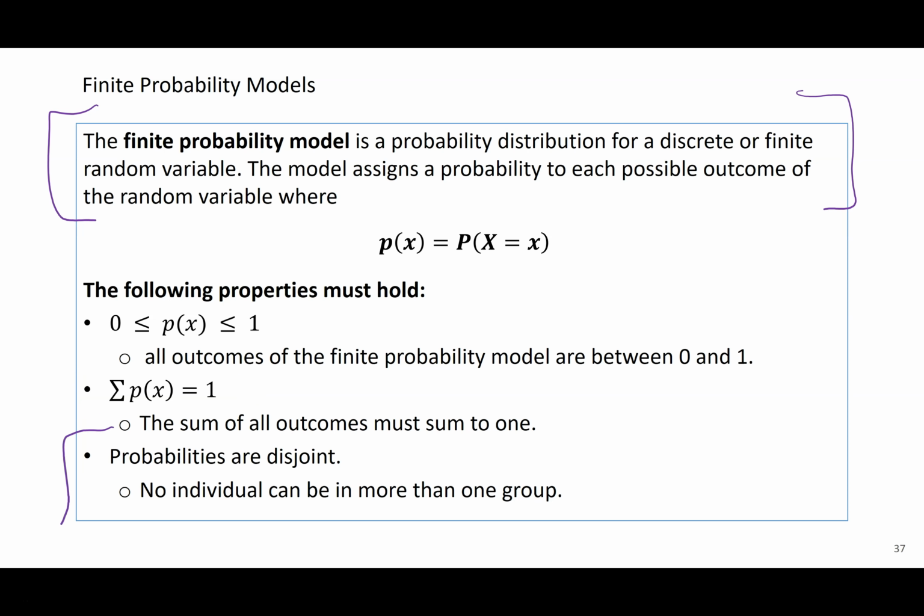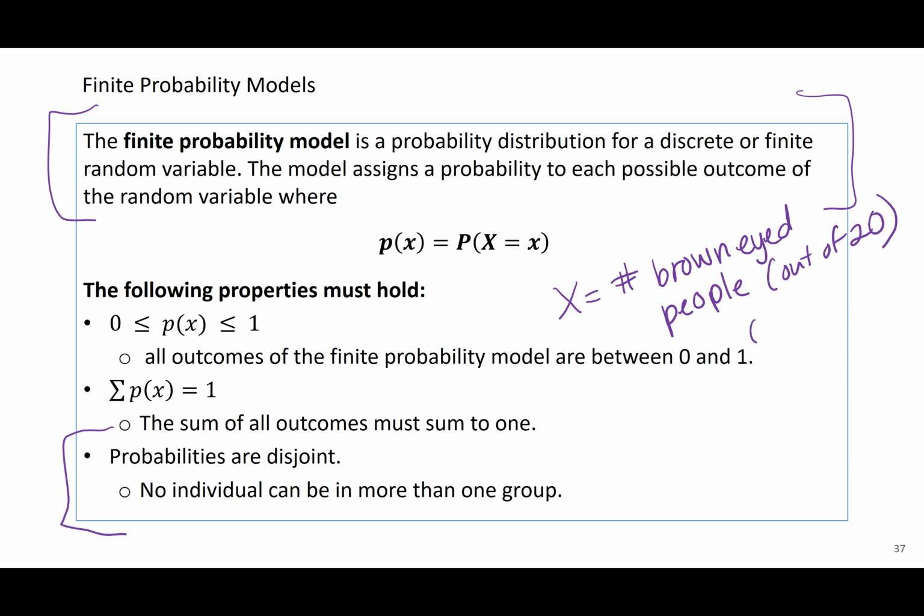And then probabilities are disjoint. So if I were to look at x equals number of brown-eyed people out of 20, I could have 0, 1, 2, all the way to 20.